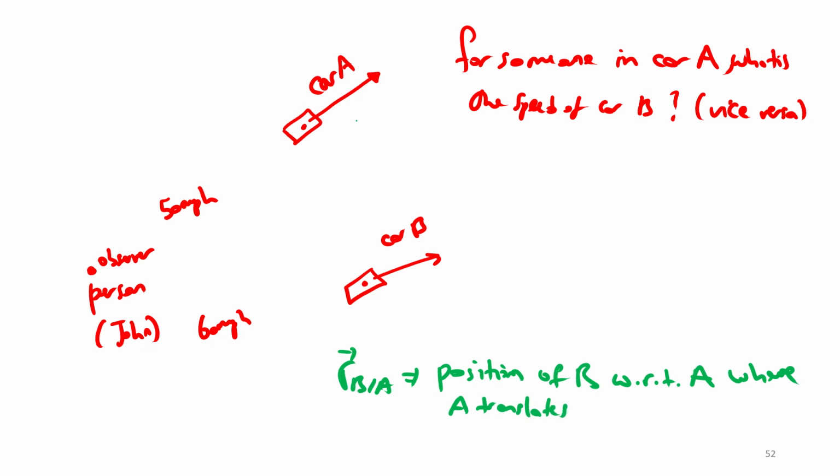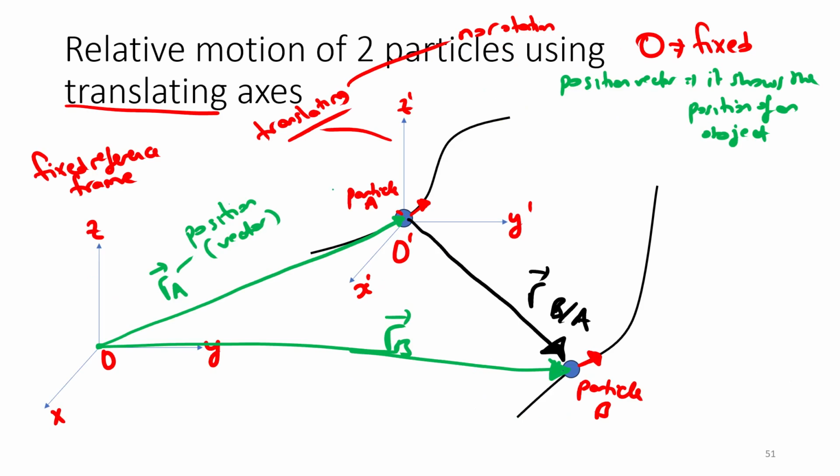Similar to here, yes, car A translates, moves, and car B moves. The question is, what is the position with respect to A? What's the velocity with respect to A? And these are the questions that we need to answer.